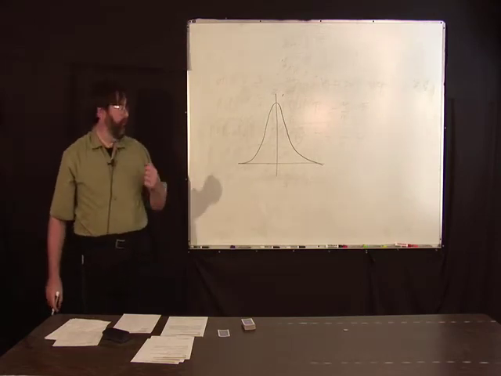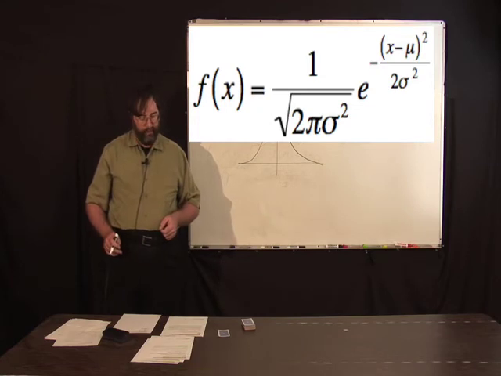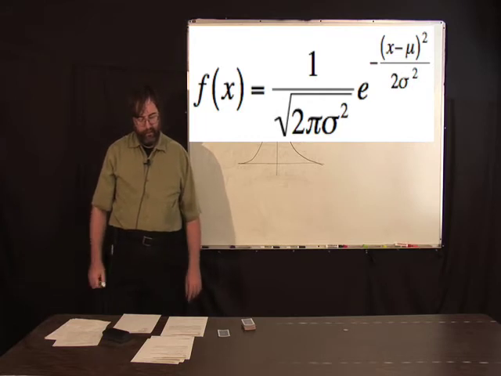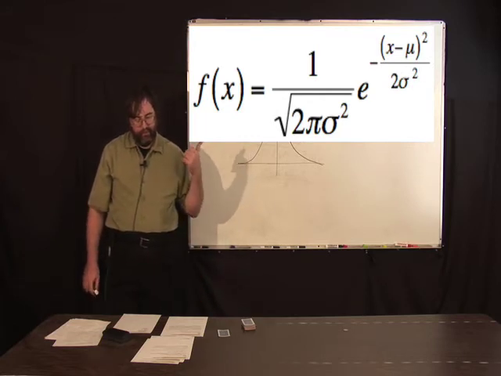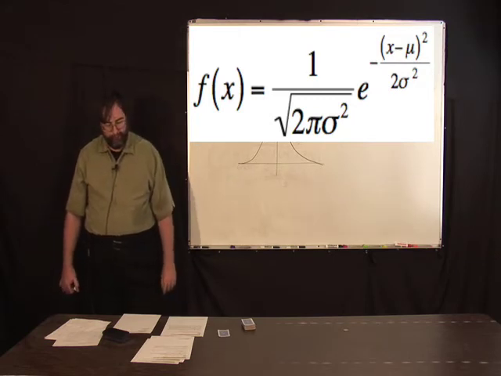Here's what the normal curve looks like. It's a Gaussian. You can see that it has two parameters: the mean mu and the standard deviation sigma. That defines the shape of the normal curve.